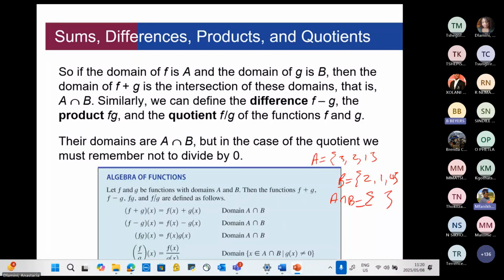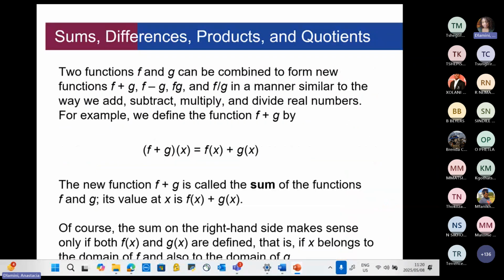It's 2 and 1. So 2 and 1 are in A and B as well. So that's the intersection.